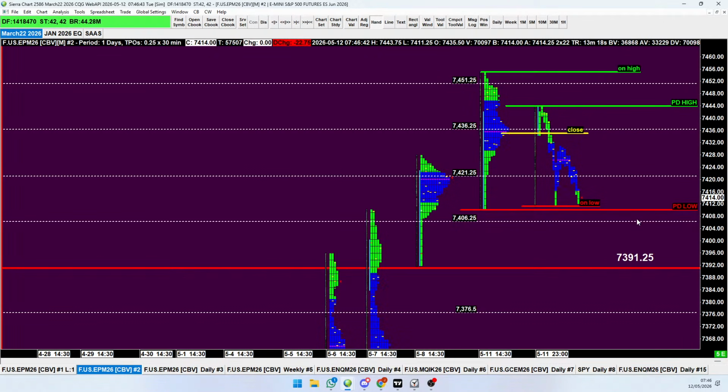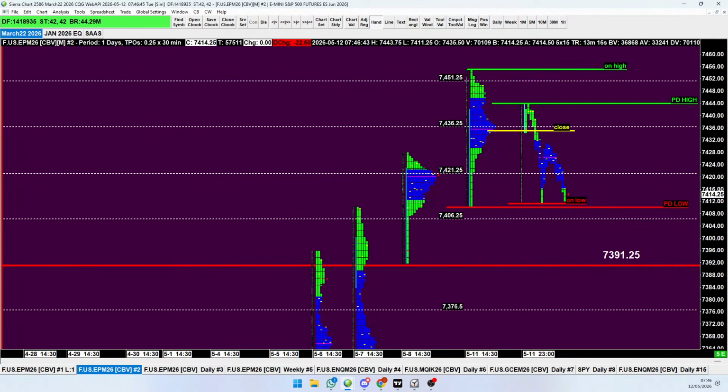Alrighty, let's see what's going on here. We are overnight inventory short. 70-80% of the volume is underneath the close of yesterday, which is good. It's allowing those short sellers who got trapped in this move to come in and do some covering.